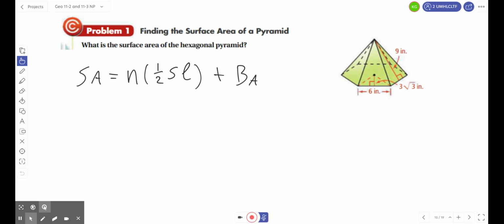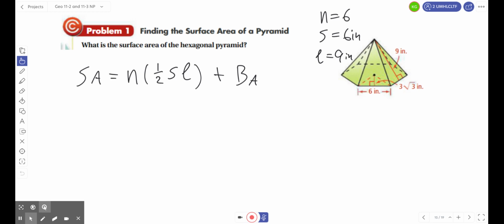So in this case, our n equals 6, our s, the length of the sides, also equals 6 inches, and our L equals 9 inches.